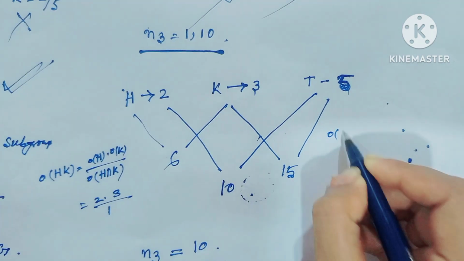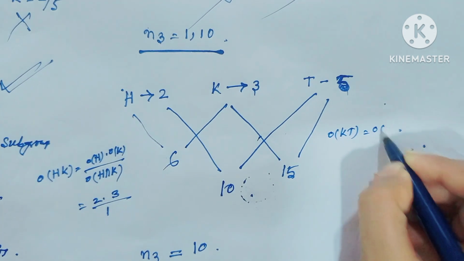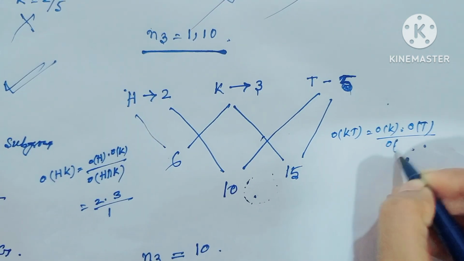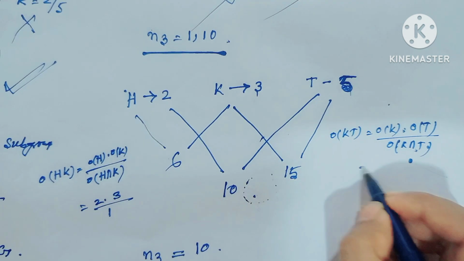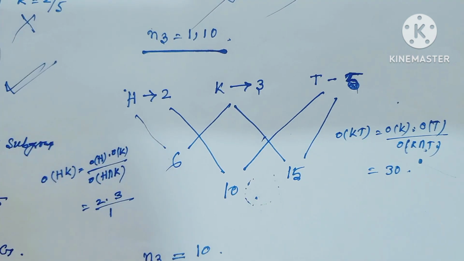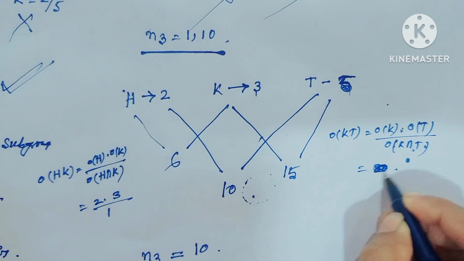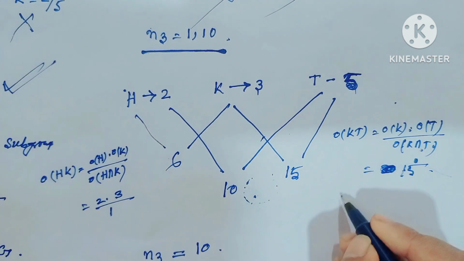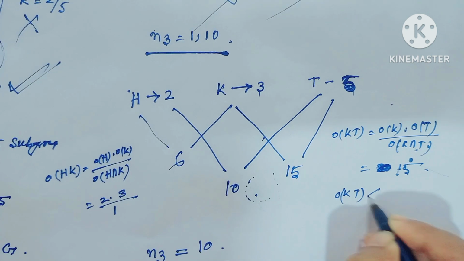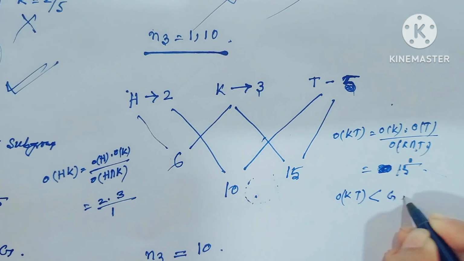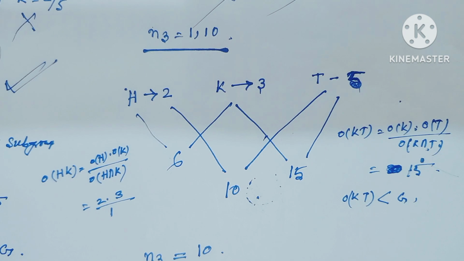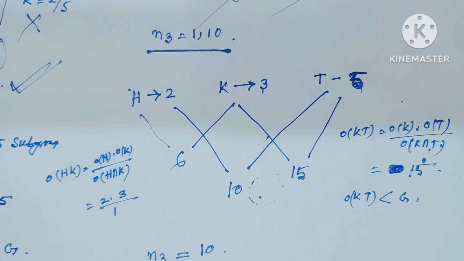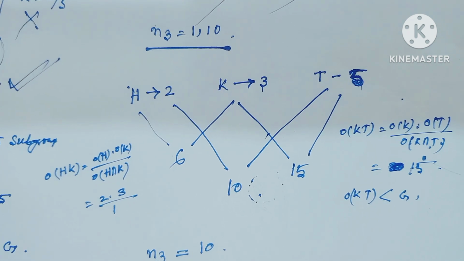So the order of KT would be the order of K times the order of T divided by the order of K intersection T, and this value would be 15. Sorry, this value would be 15, and this is the order of KT. It would also be a subgroup of the group G, because either the Sylow 3 subgroup is normal or the Sylow 5 subgroup is normal in the group of order 30.